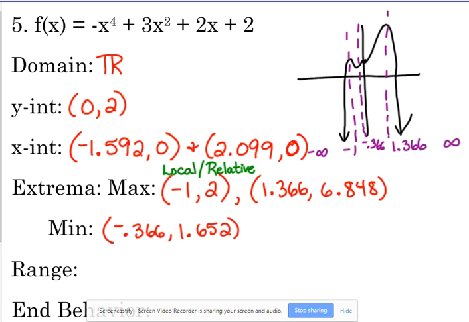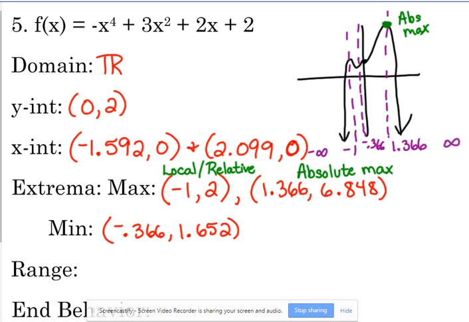It's a little bit of a hill in our graph or a peak in our graph, so it's a local or relative. The other one, 1.366, is what we call the absolute maximum, because that is the highest y value that our function will achieve, is that point right up there. That's the absolute max.